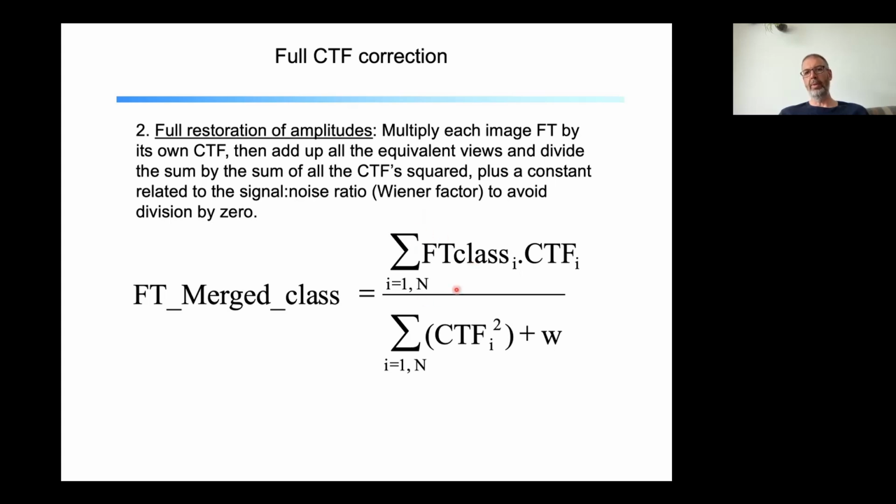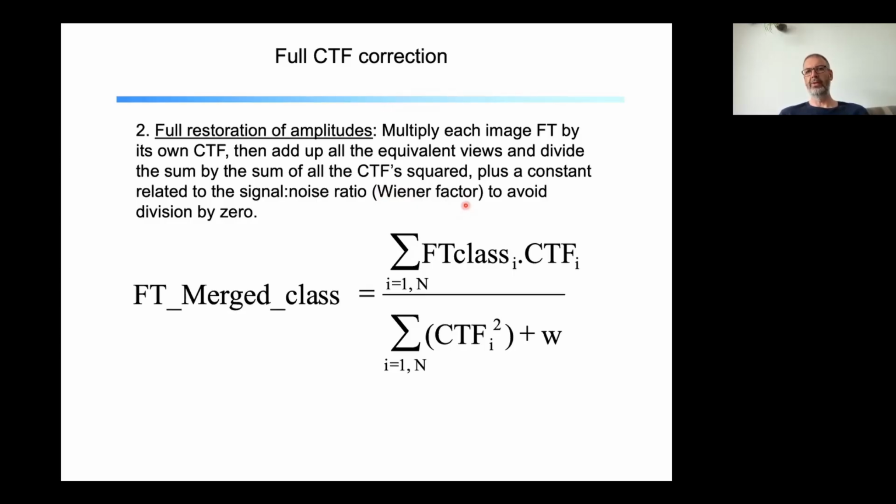If you have all of your particles multiplied by the CTFs, then you can divide the sum of those by the sum of all of the CTFs squared plus a parameter, the so-called Wiener factor, to avoid a division by 0.